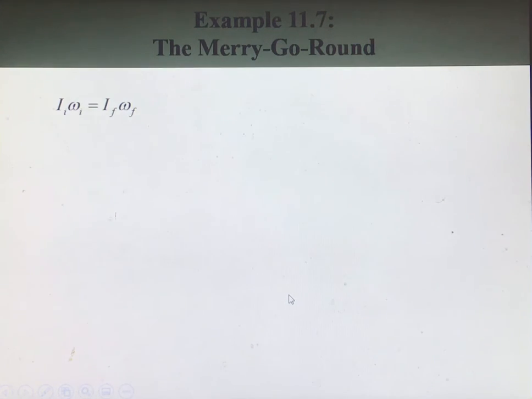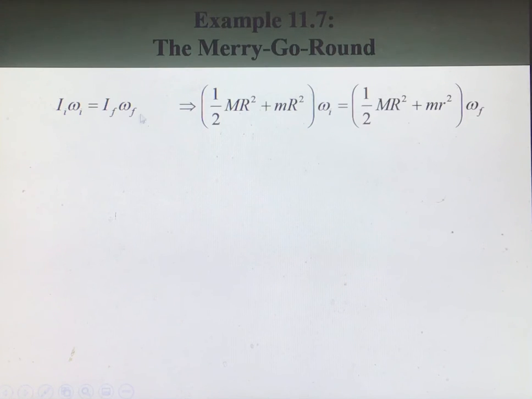And so we can use this equation here for conservation of angular momentum. Before, the I value is calculated by adding the I value of the disk plus the moment of inertia of the student, which is just the mass times the distance squared. When the student is at the edge, the distance is the radius. When the student walks towards the center, the distance becomes this lowercase r right here.